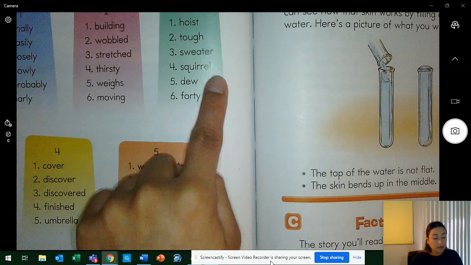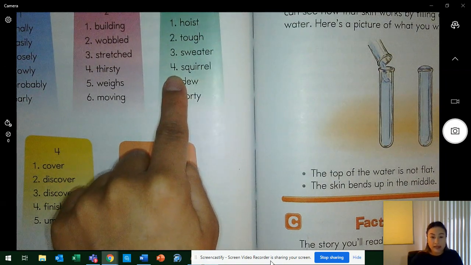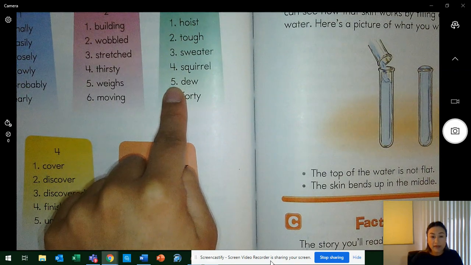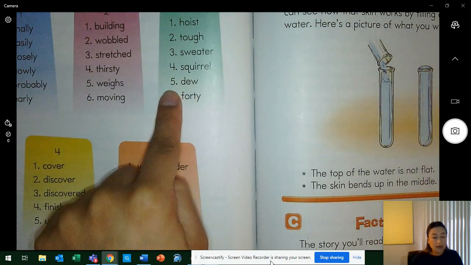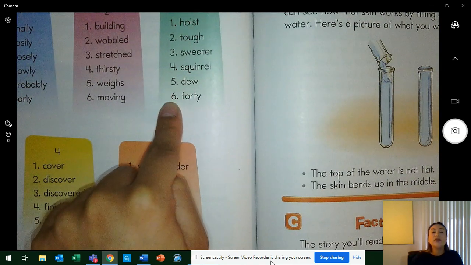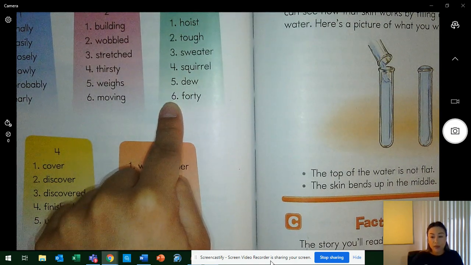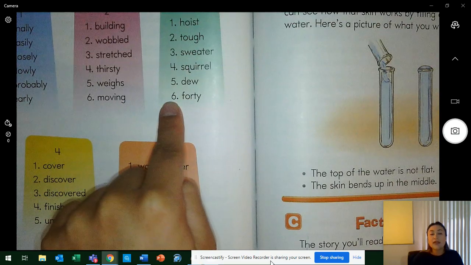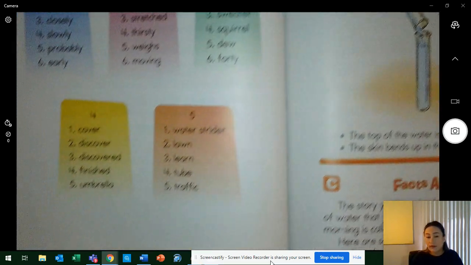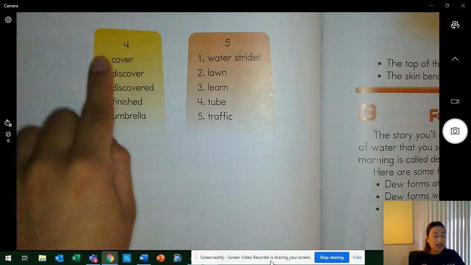What word? Yes, squirrel. Word 5. What word? Yes, do. Word 6. What word? Yes, 40.